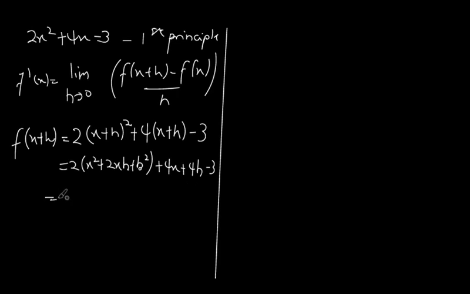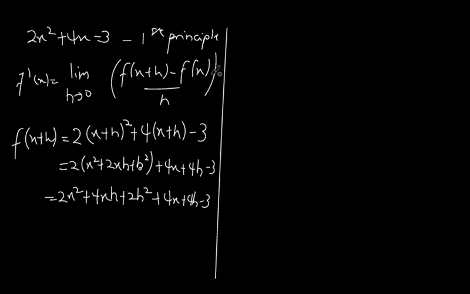So from here we can get 2x squared plus 4xh plus 2h squared, then plus 4x plus 4h minus 3. Because we don't have any like terms again over here, we stop here because there's nothing we can either add or subtract or cancel out. So this means we are done with the first part of the term in the formula.